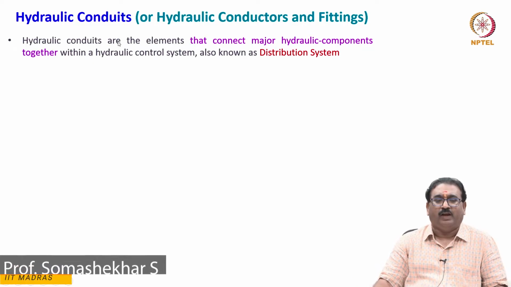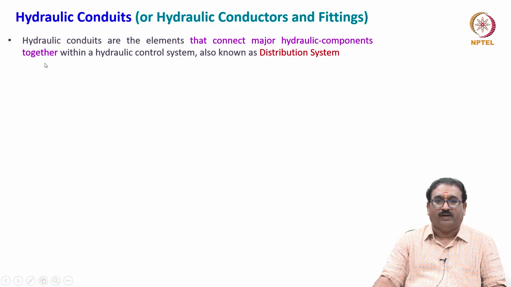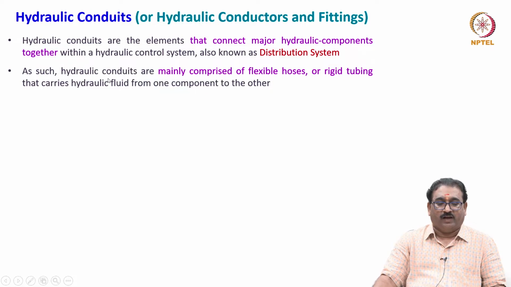Now we will see hydraulic conduits are the elements that connect major hydraulic components together within the control system, also known as a distribution system. As such, hydraulic conduits are mainly comprised of flexible hoses or rigid tubing that carries hydraulic fluid from one component to the other.